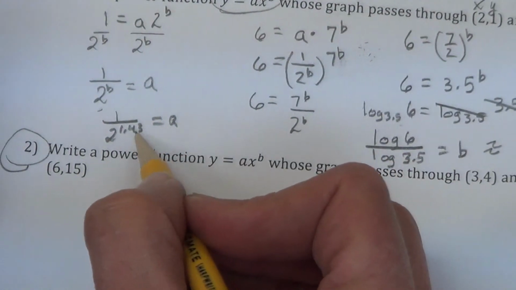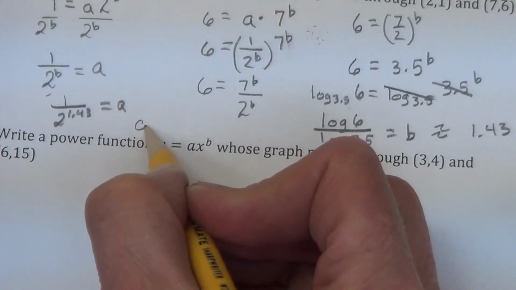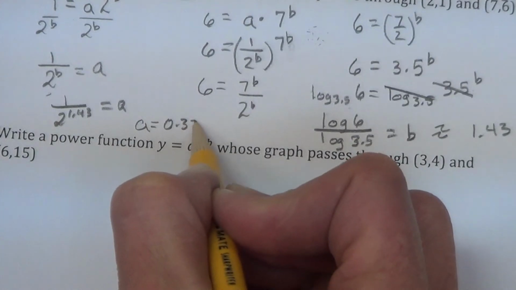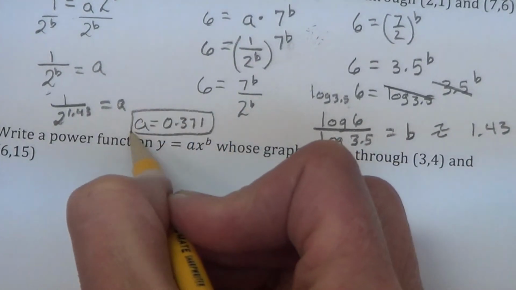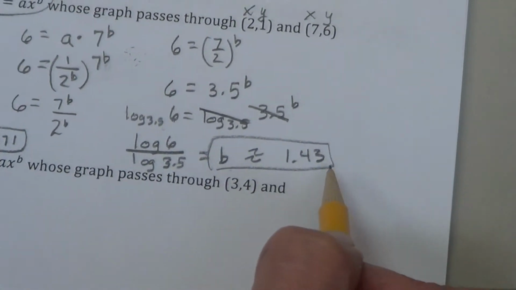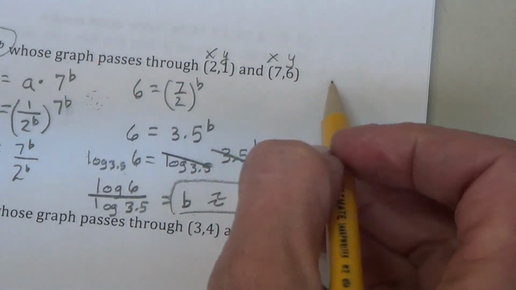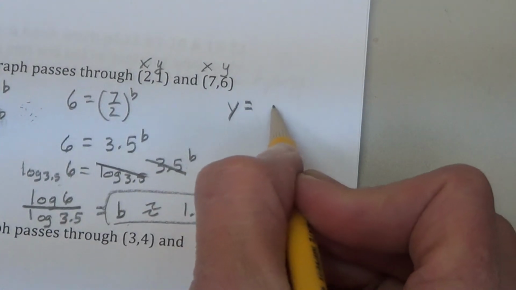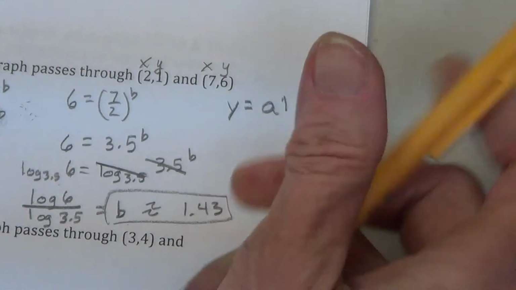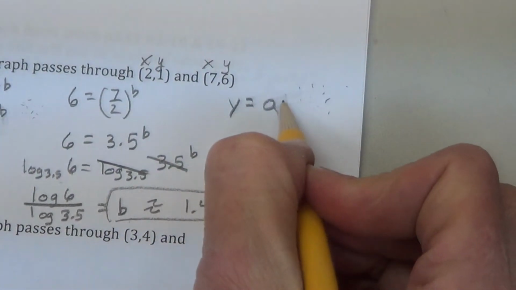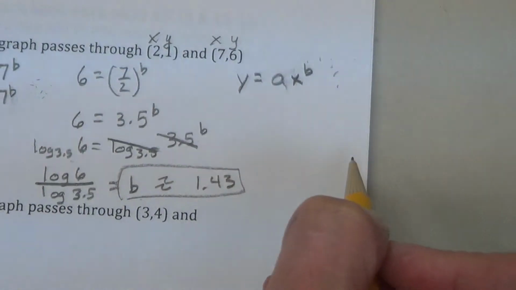When you work this out on a calculator, you'll find that A equals 0.371. With that A value and this B value, we can plug those back into our formula, and we get Y equals A X to the B. We're on a power function.